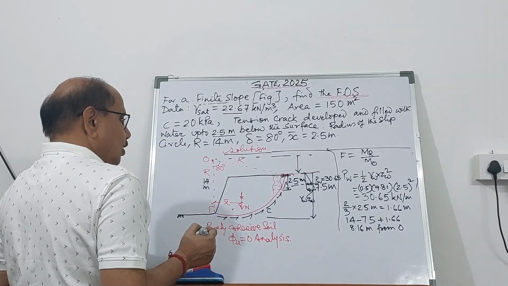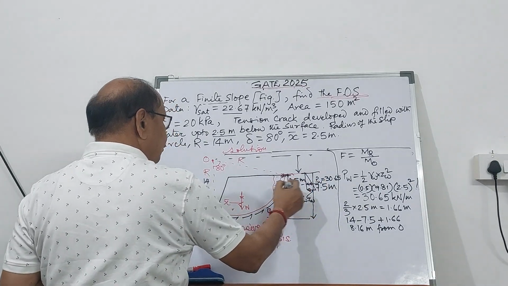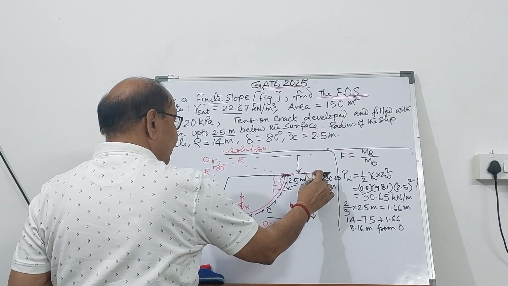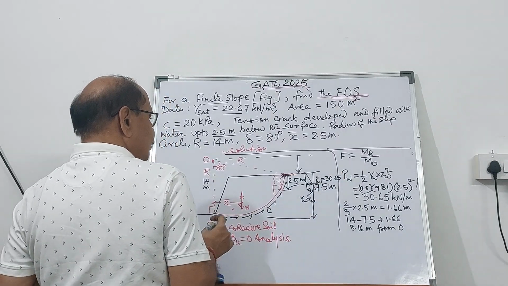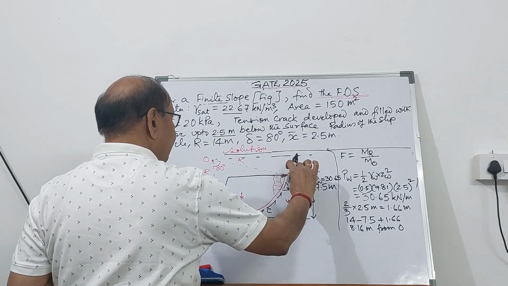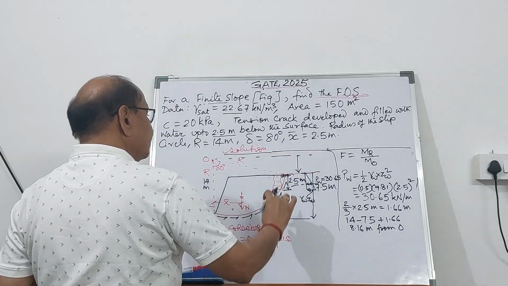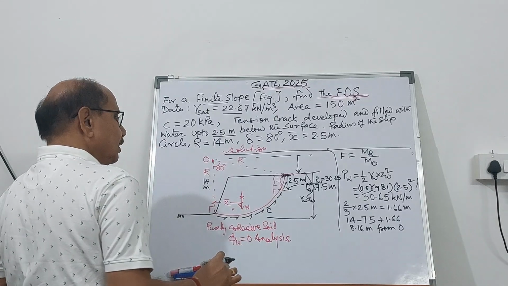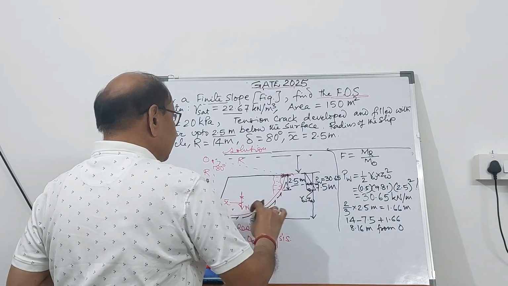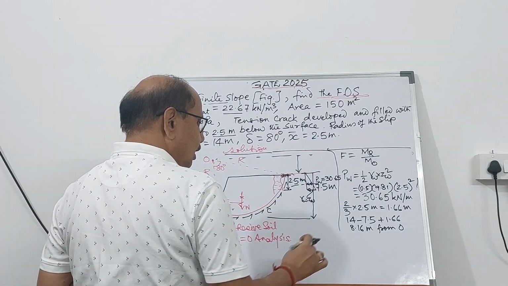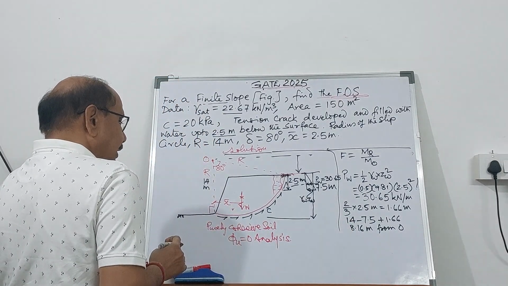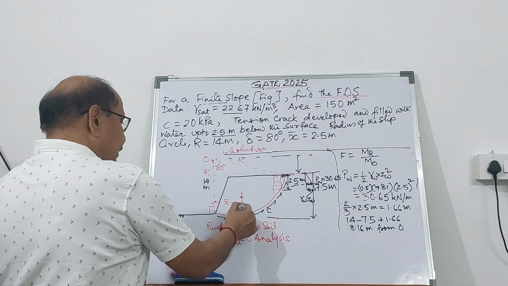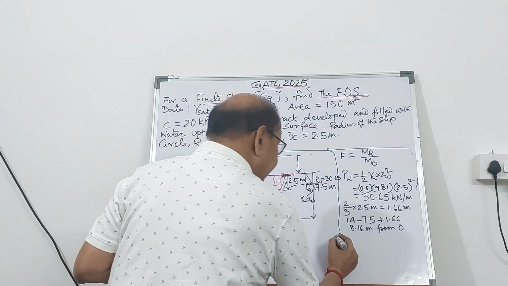So the overturning moment due to PW will be PW, which is 30.65 kilonewton per meter, multiplied by the perpendicular distance from O, which will be 8.60. Okay. And due to the weight, you can calculate the weight.